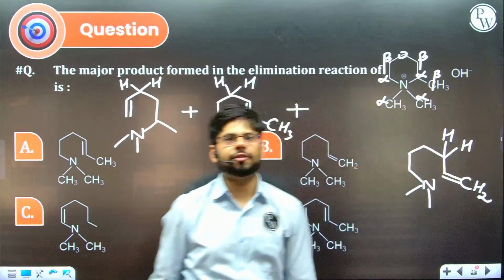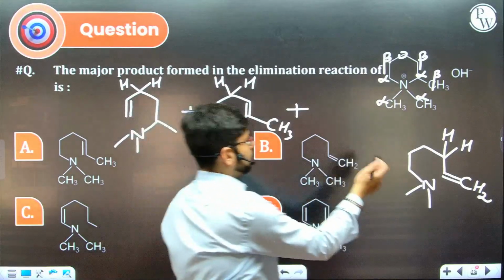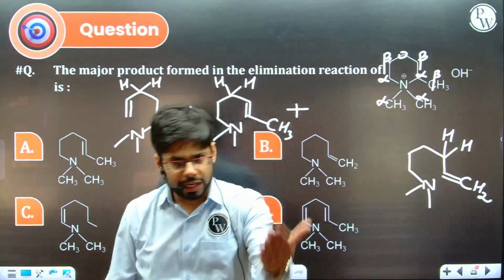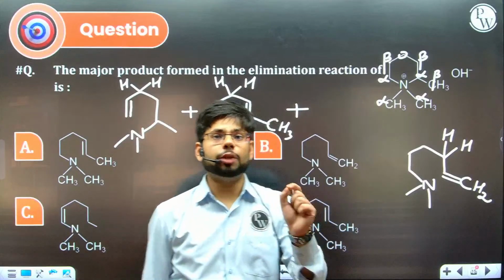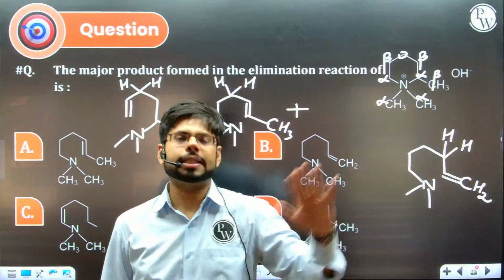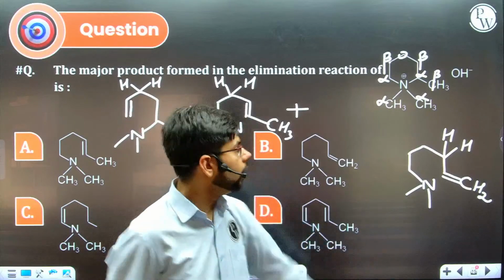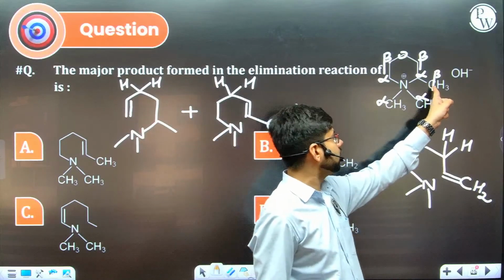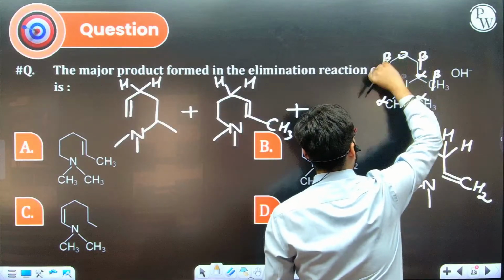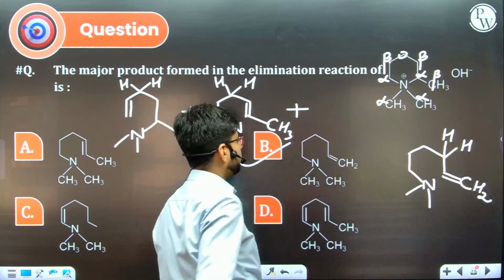That's what we say when we perform elimination of a 4-degree ammonium salt. So we will say this is the major product because the beta carbon from which hydrogen needs to be removed by the base should be very easily accessible to the base. That means it should not be sterically hindered at all, which means it should not be attached to groups. So if you look at this carbon, this is not attached to any further group, whereas this beta carbon is attached again to this carbon, right? Hence, this is the major product. So B is the correct answer.